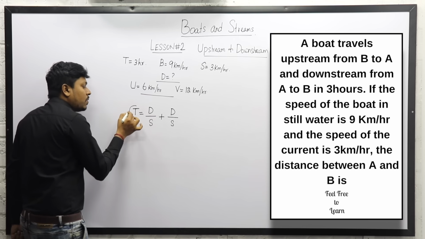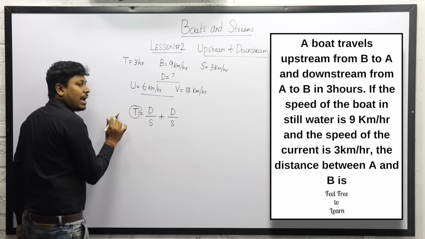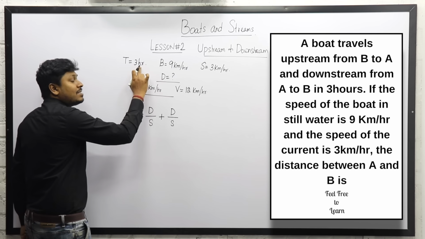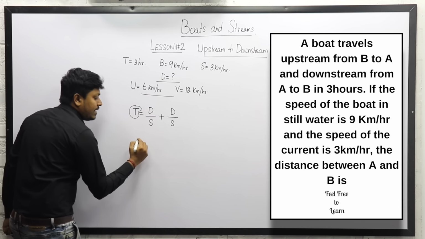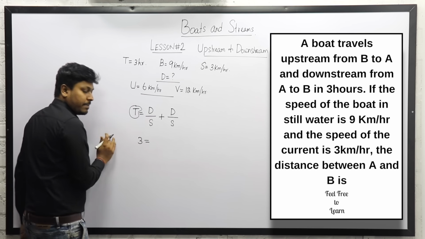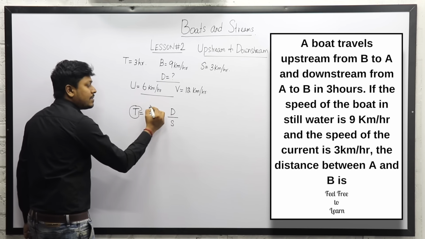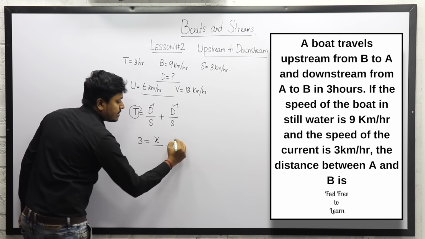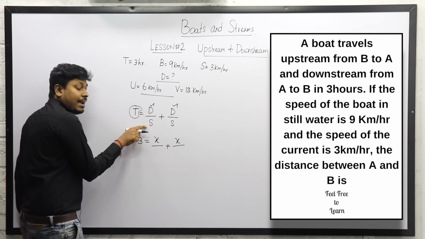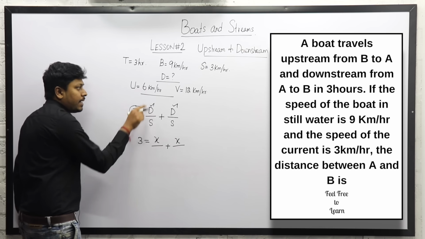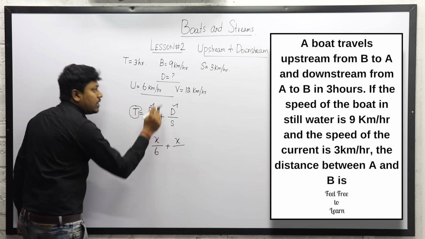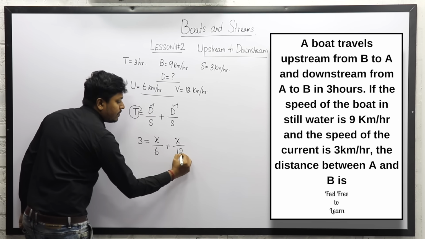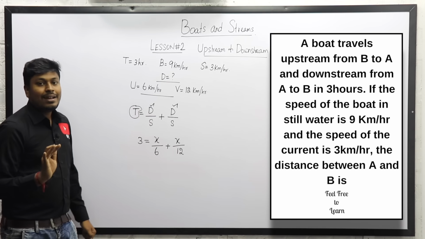And we know that the total time taken by the boat for upstream and downstream is 3 hours. So instead of t, we can write 3 here. Second, we don't know what the distance is, so let me keep both the d as x. Upstream speed will be 6, downstream speed will be 12. That's it. If you solve this equation, you will get the answer.